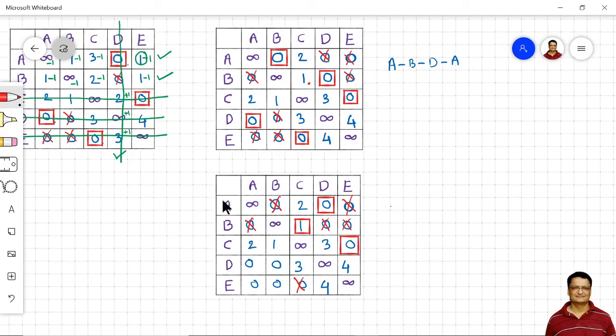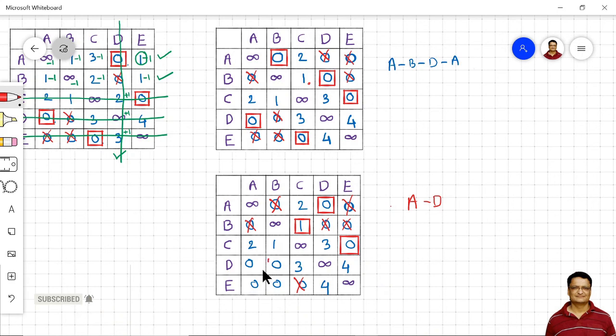If the salesman is starting his journey from A, he will go to D. So from A he will go to D. Now from D, if we select this 0, he will come back to the A. So we will not select this particular 0 and I will make allocation at this point.